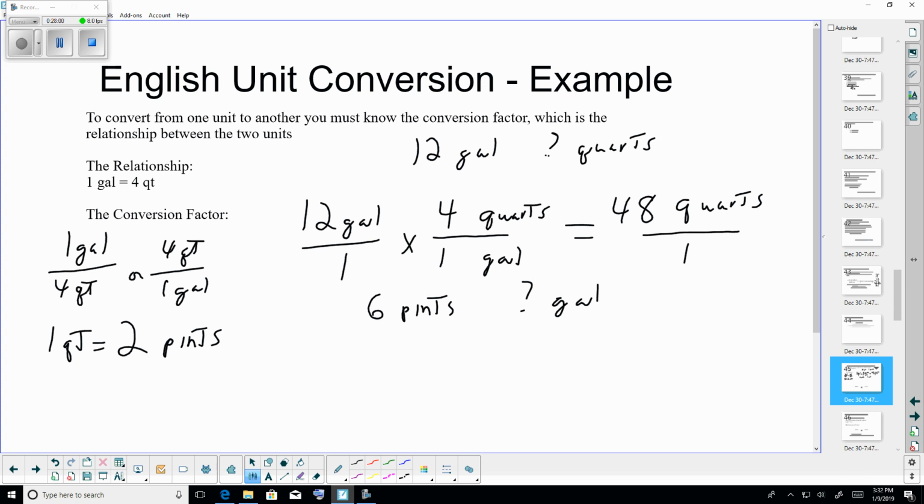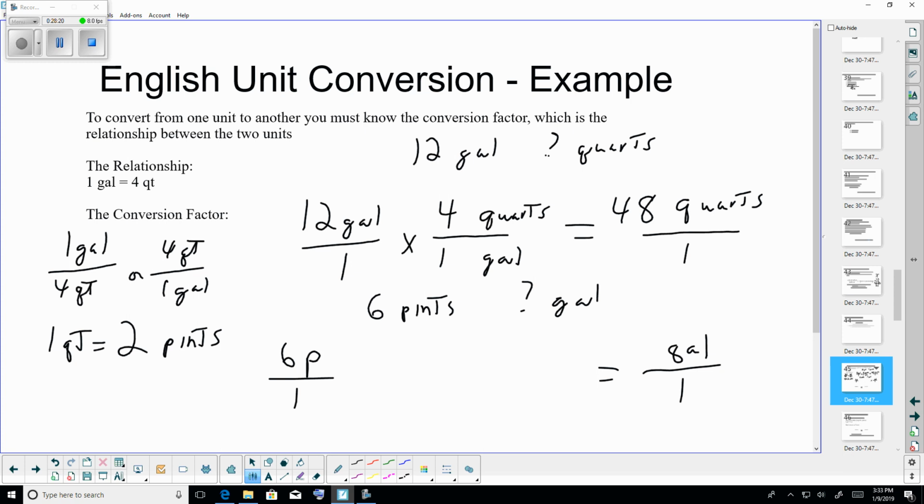Well, again, I'm going to start with what I know for that problem. So I'm going to start with 6 pints. I'm going to abbreviate it as P over 1. And I want to find out how many gallons I have at the end.